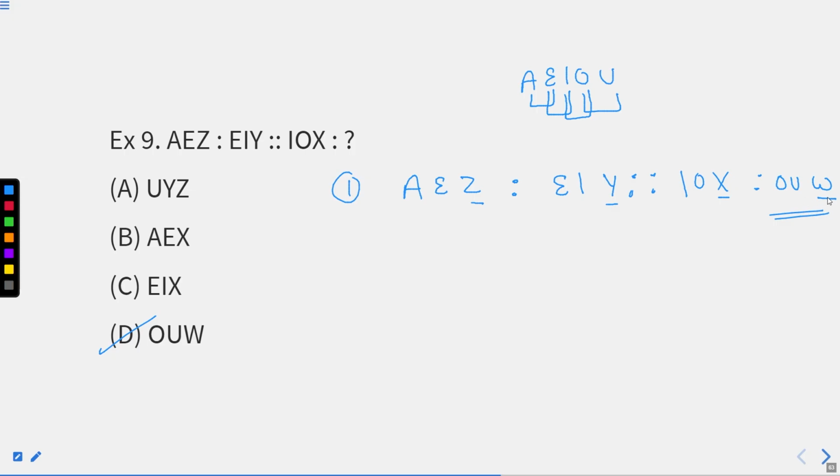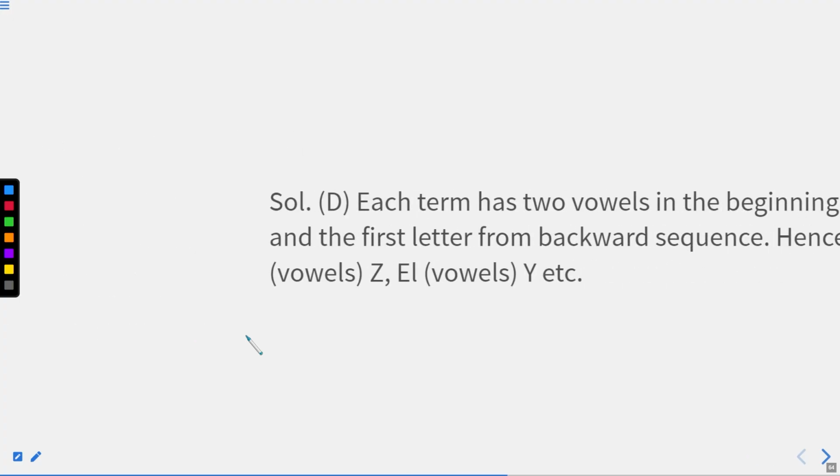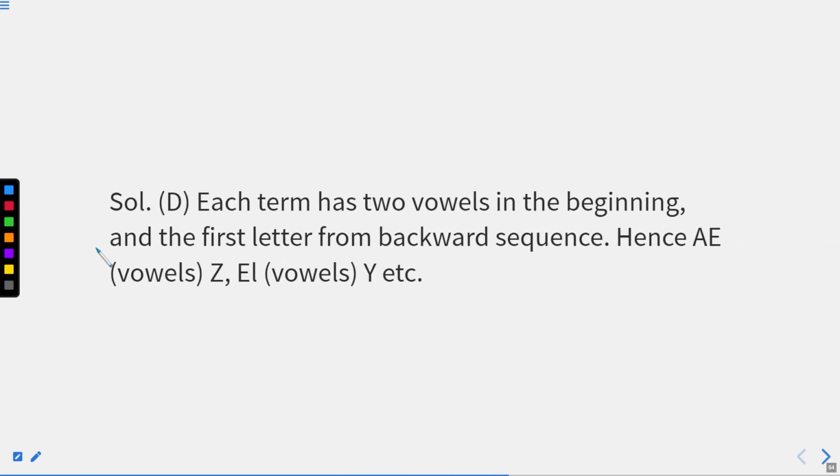As soon as we are able to find the W, we are able to get our answer. This is the basic method that we need to follow. We need to write the question, find the relation, implement the relation, and get our answer. This is the best method. Now, again the same thing that I have explained. You can read it later by pausing the video as well.